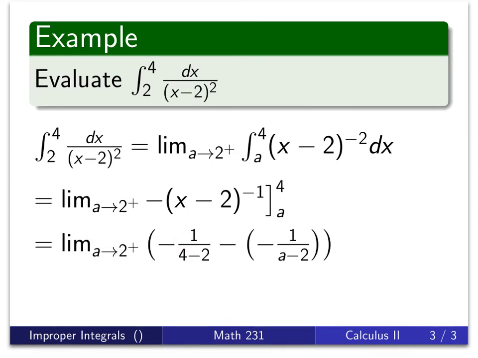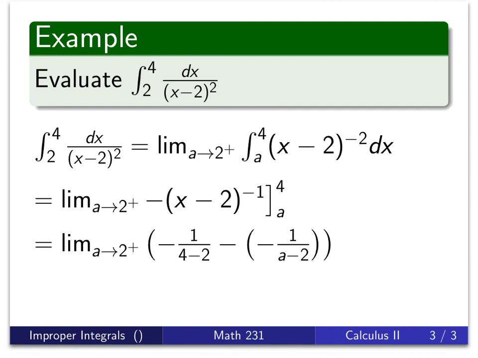So we'll have negative 1 over (4 minus 2) minus the opposite of 1 over (a minus 2). As a approaches 2 from the right, think about this. We have a number that's very, very close to 2. We subtract 2 from it here. So that denominator that I have there is very, very small. In fact, it's approaching 0.